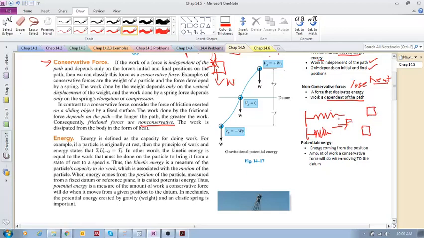If you compress the spring, it is energy that is now stored based on its position. Another way of looking at this is that the potential energy is the amount of work a conservative force, like weight or spring force, will do when moving to the datum.